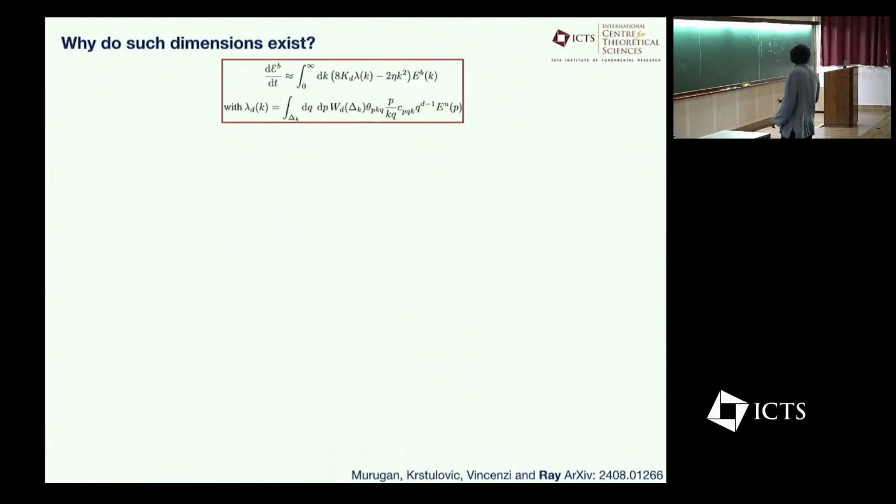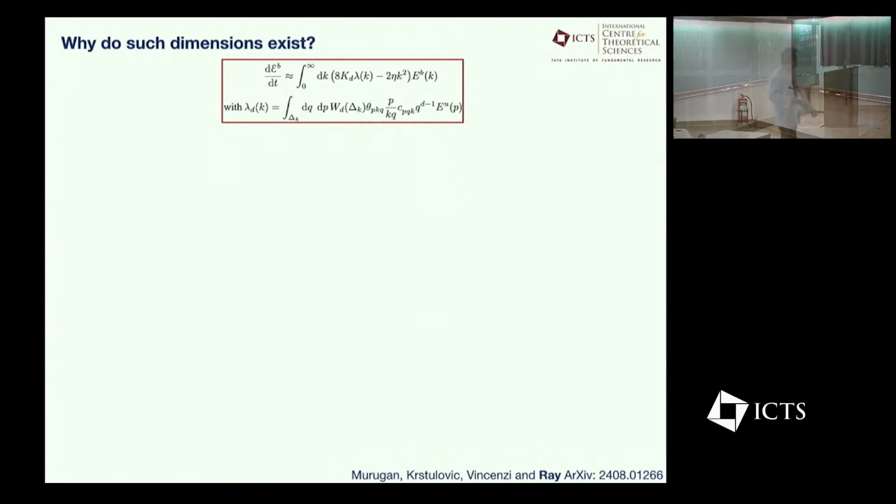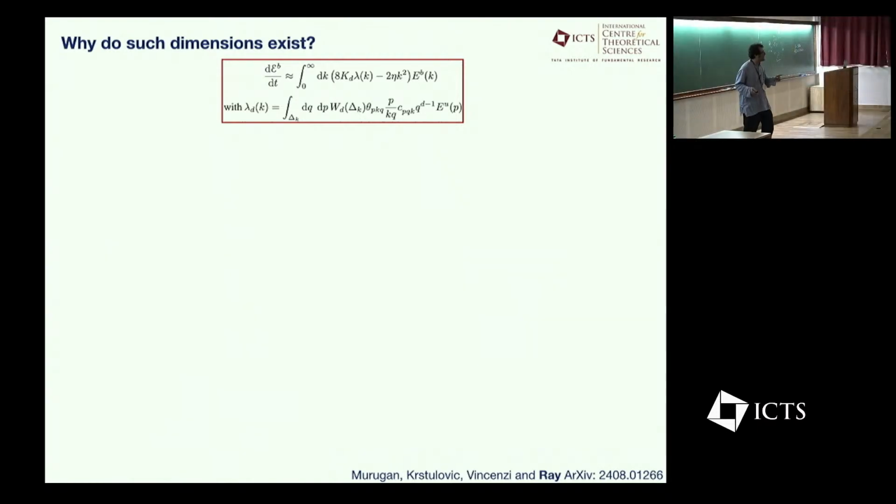So is there a way to understand this? Probably not in the 4 minutes that I have, but I'll try to sketch at least the argument. The way to understand these critical dimensions is the following. You can go back to the closure equations and write down, at least for short times with certain suitable approximations, the evolution of the magnetic energy.